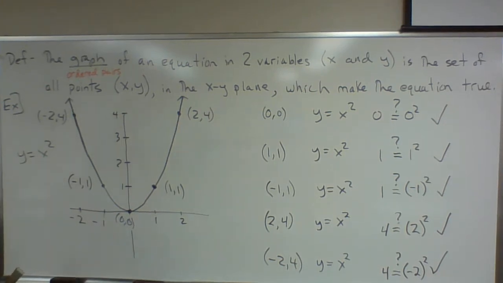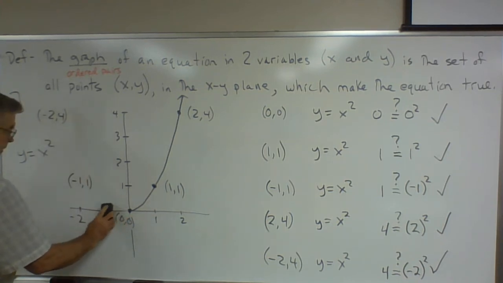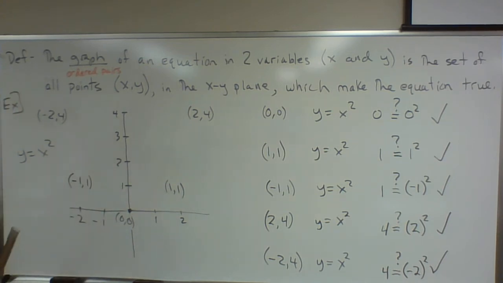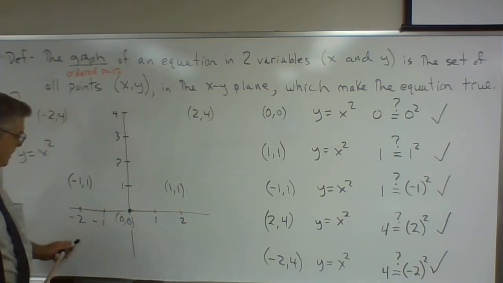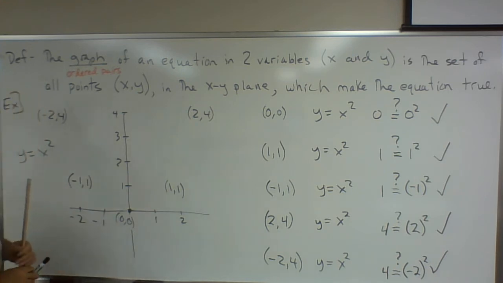So what I did early on, I took the whole number values of x near the origin, -2, -1, 0, 1, 2. And I took this value of x and I put it in the equation y equals x squared. If I take -2 and square it, I get 4, so that should be my y value.